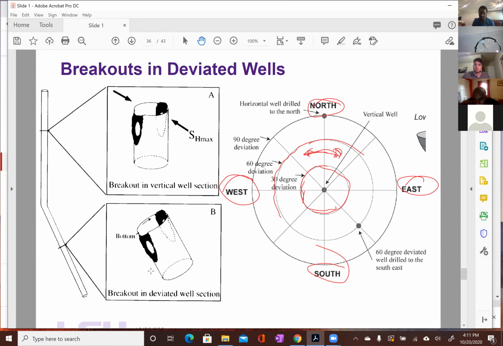And again, the far field stresses will get reoriented along the wellbore. So now the wellbore is deviated. So there's some geometrical calculations on how to rotate it. And again, the cross equations don't work anymore.